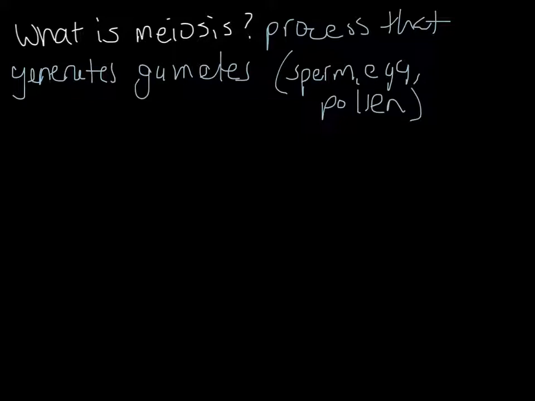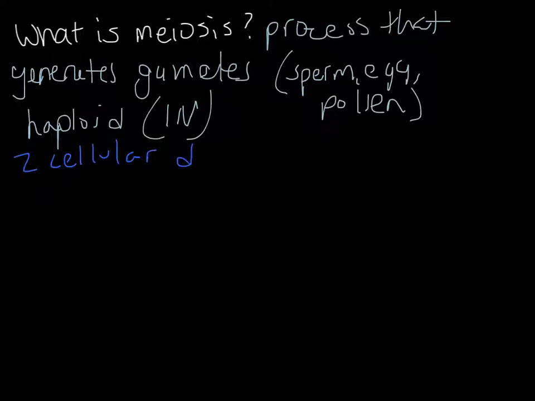The way you could describe gametes is that they are haploid. They only have one copy, or one N. The steps that occur during meiosis: there are two cellular divisions, and they follow a process called meiosis.